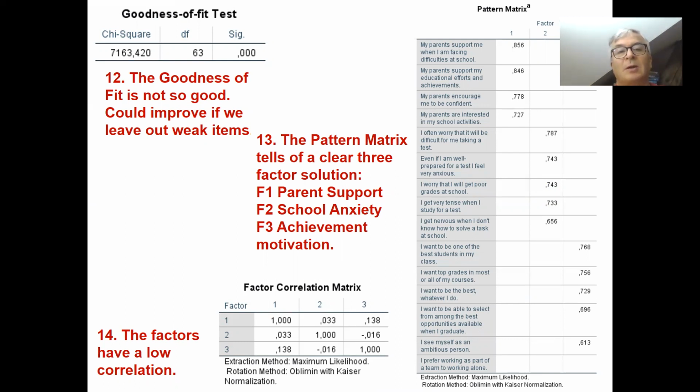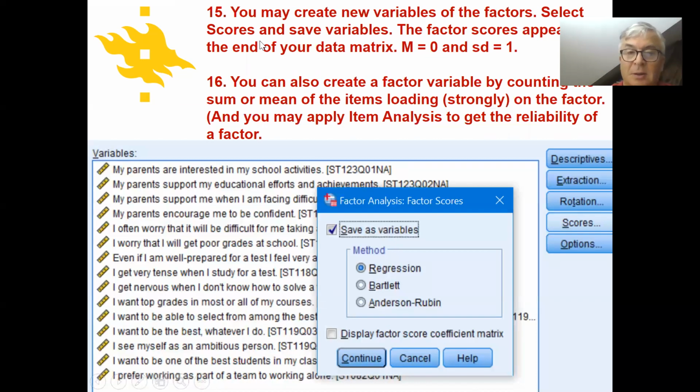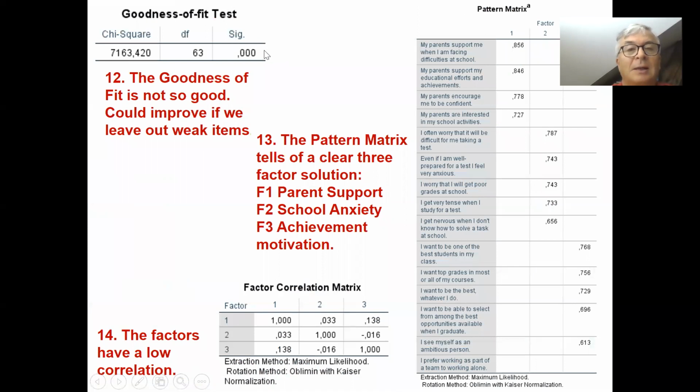So when you select the maximum likelihood model that we started out with, it gives us this goodness of fit test. So it again has a chi-square, degrees of freedom, and here we have the important information that our model, the number of factors, is not quite sufficient to explain all the variance in the data.